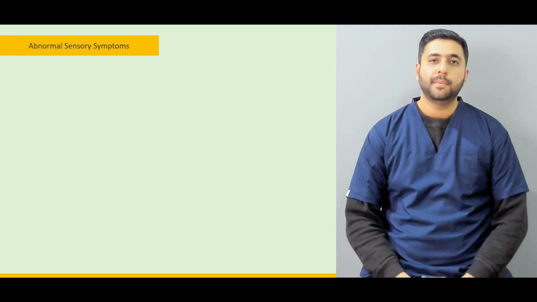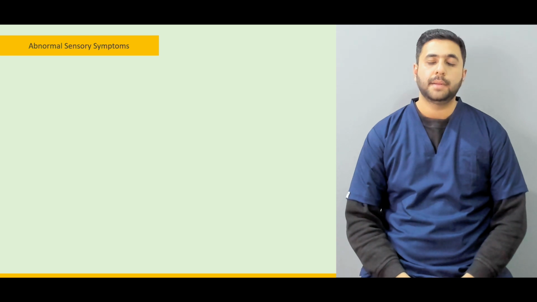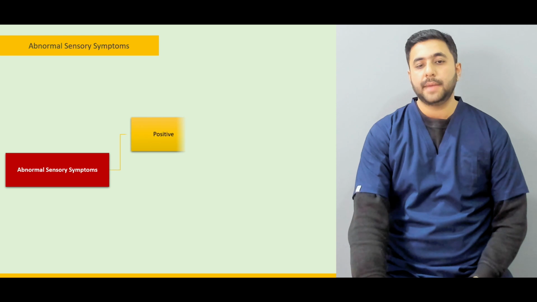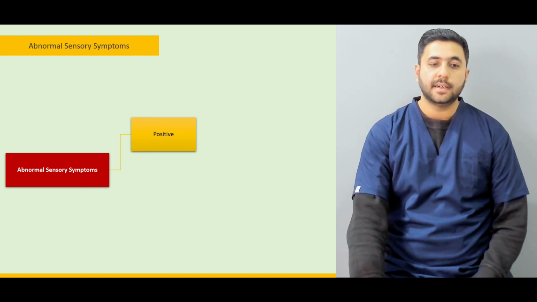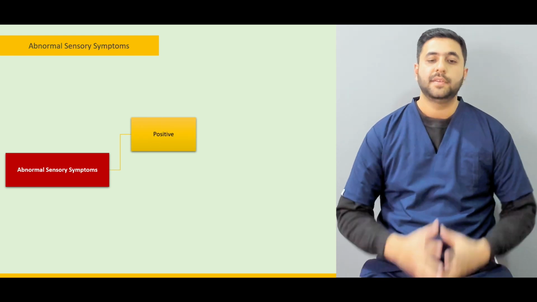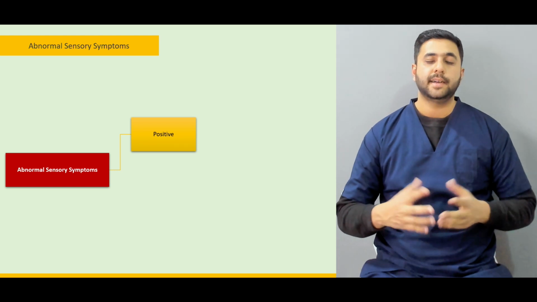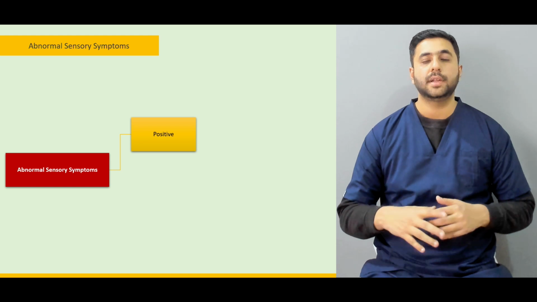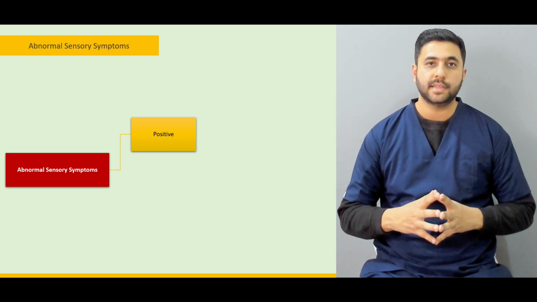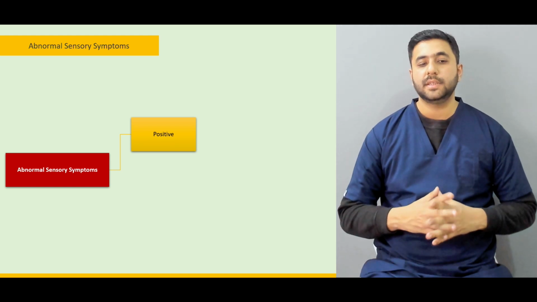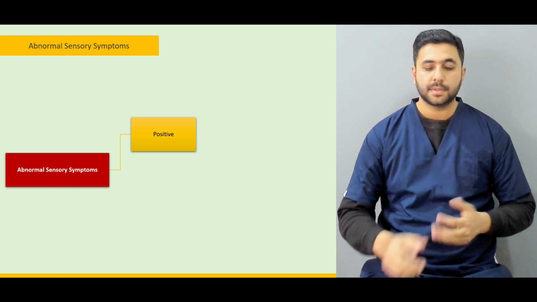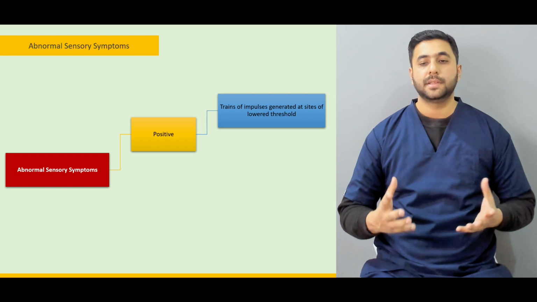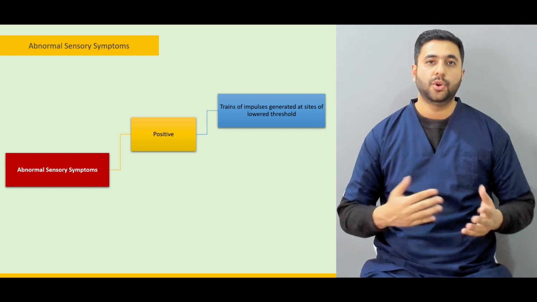Now, the abnormal sensory symptoms, in broad terms, are classified into two major groups. We classify them as either positive or negative sensory symptoms. Positive means that in addition to the normal sensations, there is some addition or hyperfunctioning of those normal sensations. What is the reason for these positive abnormal sensory symptoms? The major pathophysiology is that there are trains of impulses generated at sites of lower threshold.